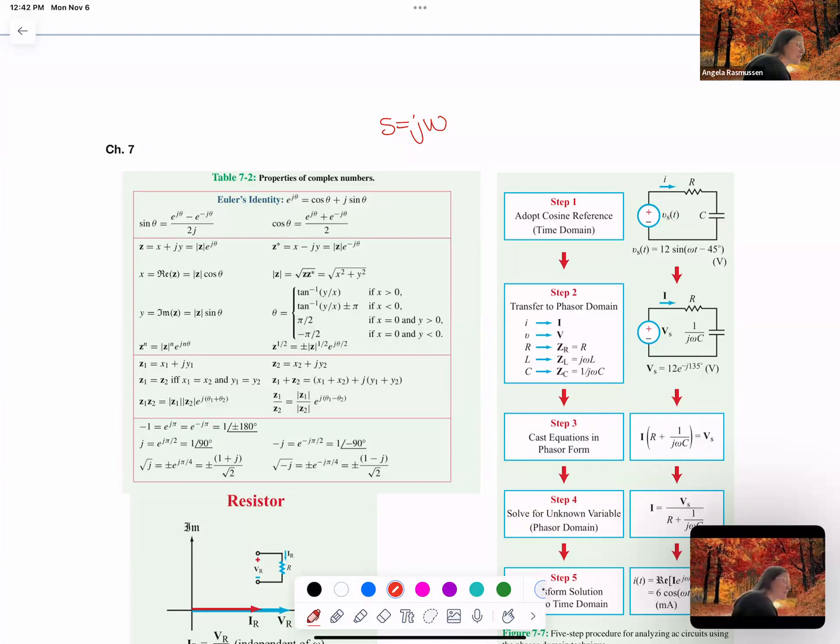You have the rectangular form. And what was this term again out in front of the E? It's the polar form, and that number in particular is called the magnitude. Thank you. So this is the magnitude, and then you have the angle in polar form.